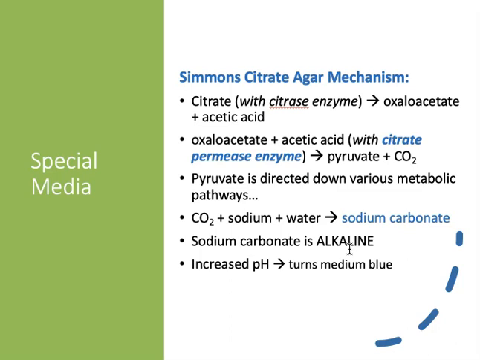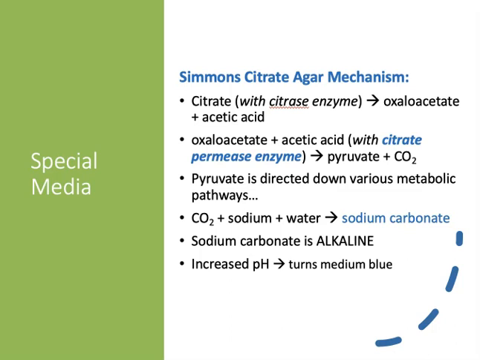This is where a pH change is going to occur, and the media is going to change color. Now, Simmons citrate agar contains an indicator dye called bromthymol blue, and under alkaline conditions, bromthymol blue is going to turn blue. Simmons citrate agar begins as a green medium. I'll show you in just a moment.